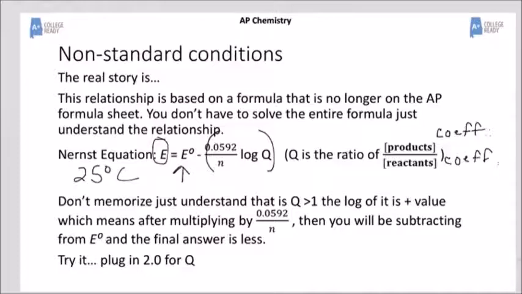What happens is, no matter what math we're doing in that term in parentheses, if you're subtracting a negative answer, you're adding. So that's why I'm saying that the non-standard cell potential will actually be higher when you have Q that's less than 1. So that's where that whole slide came from, just to get a little background information, and it's also in the notes.